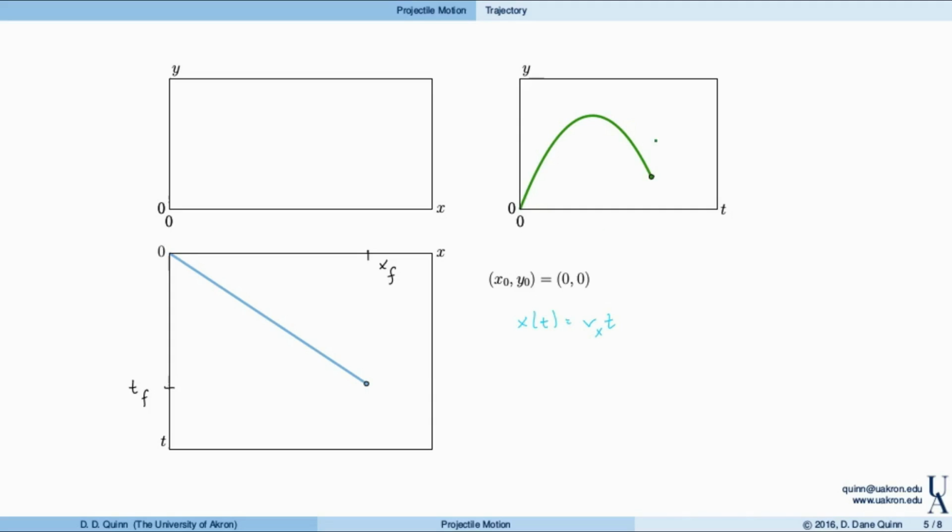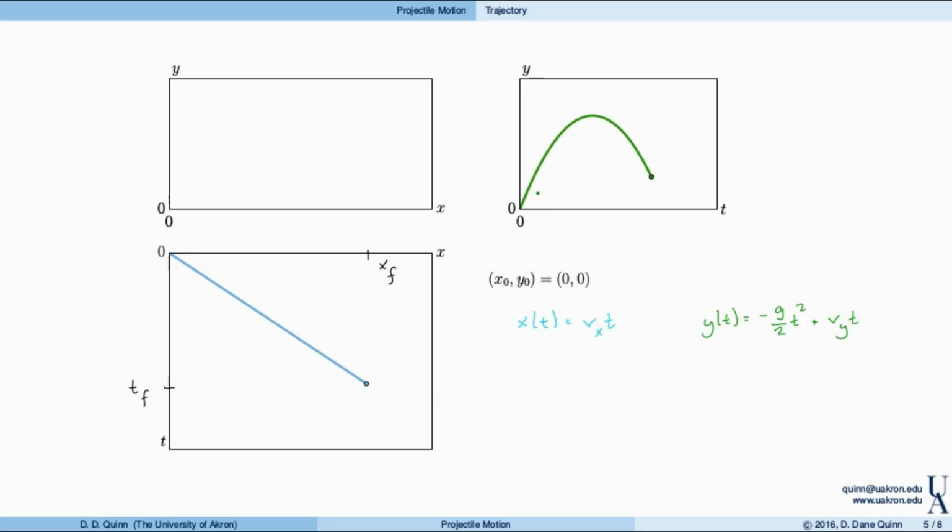Now I can look at the vertical motion in the same way. So this is y as a function of time. From the solutions, y of t was equal to minus g over 2 t squared plus vy times t. So we end up with a representative plot as shown in green.